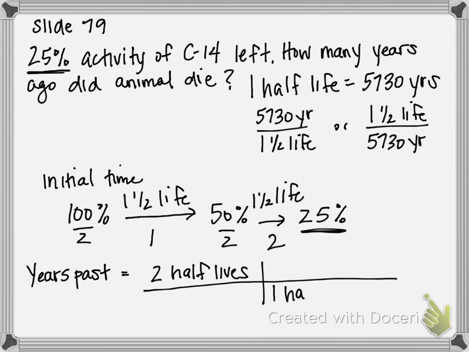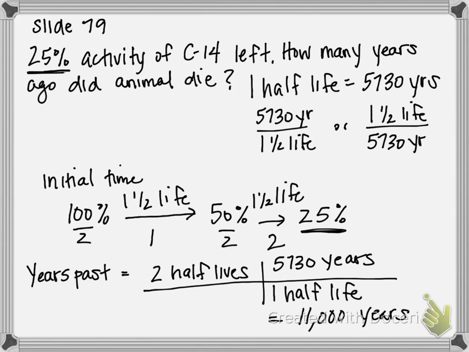So one half-life on bottom, and on top 5,730 years. And I spelled years wrong. Sorry, it's Saturday. So 2 times 5,730 should give you 11,000 years. So it has been 11,000 years since that animal died.